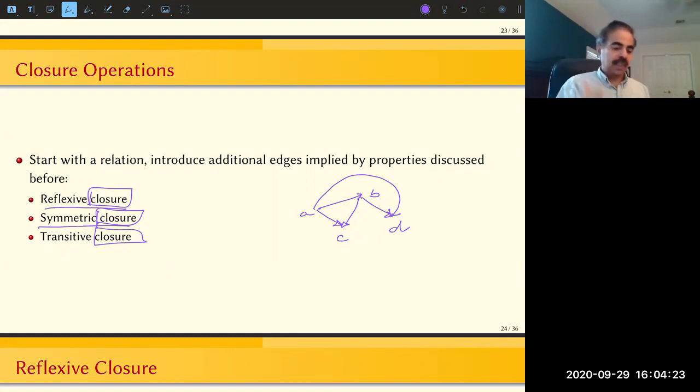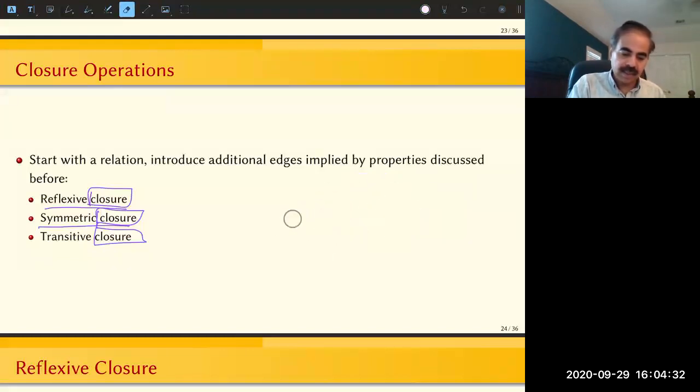Okay, so let's erase this and try something here. Let's start with a different graph.